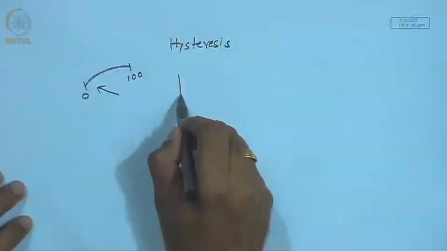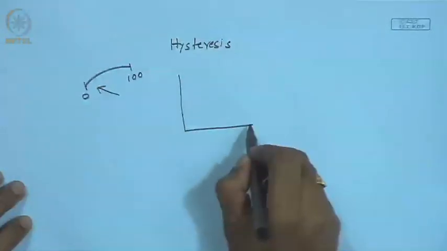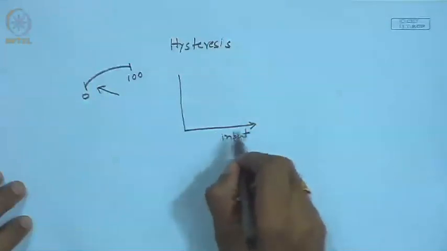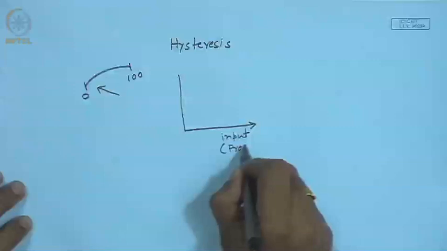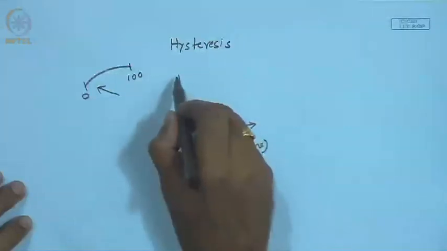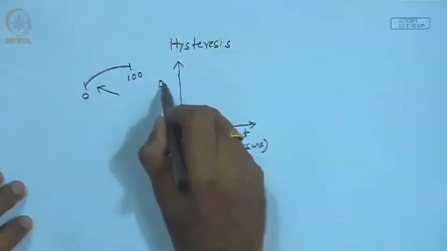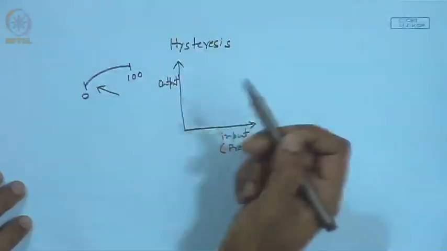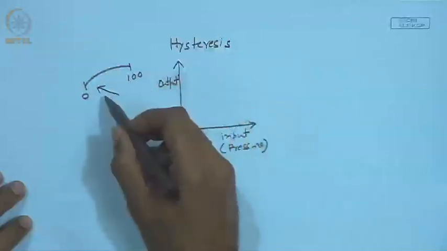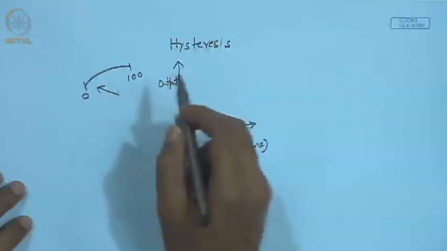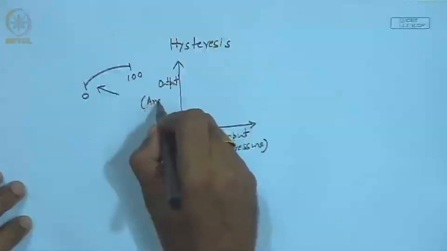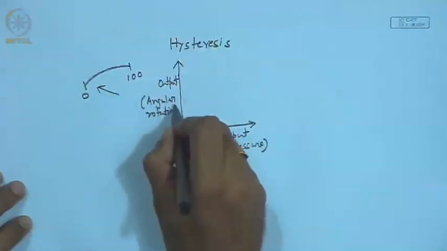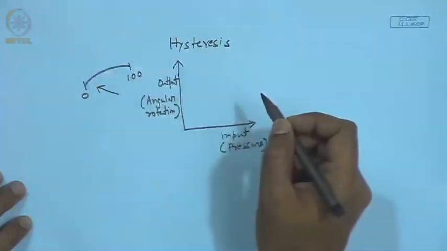Now, if I make a plot of input, which for this case is pressure, versus output, which can be considered as the angular rotation of the pointer against the scale, which is of course calibrated in terms of pressure units.